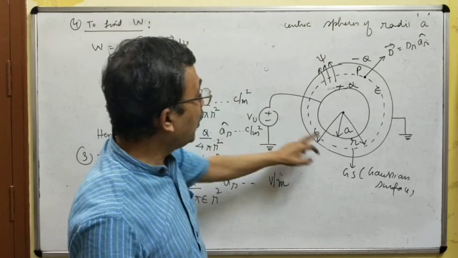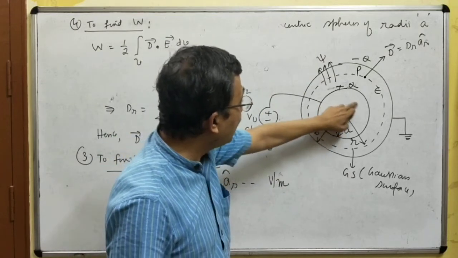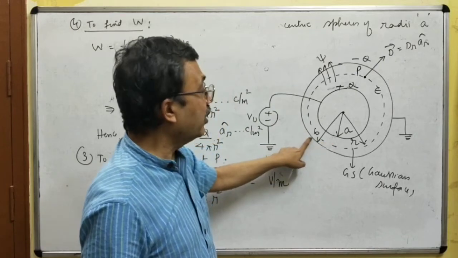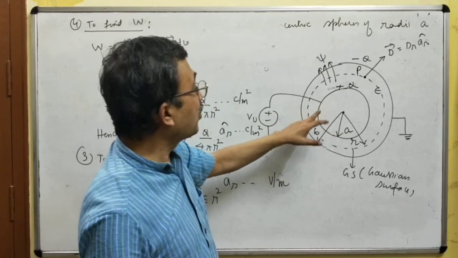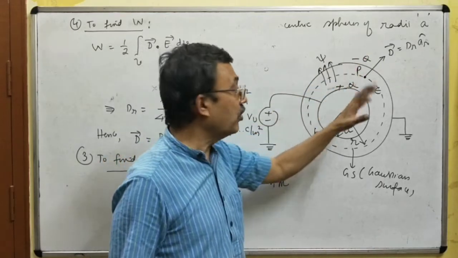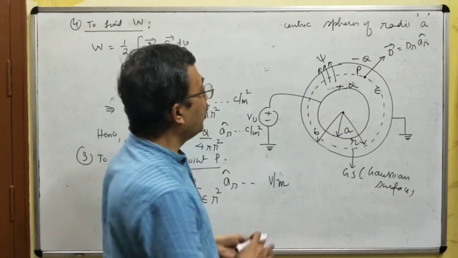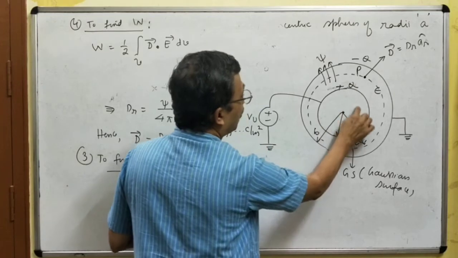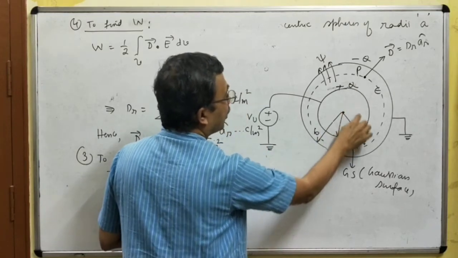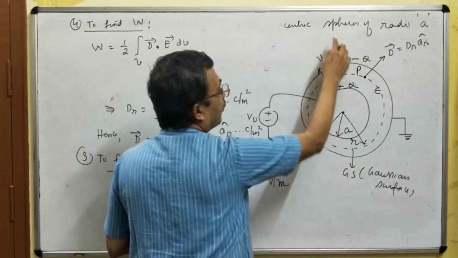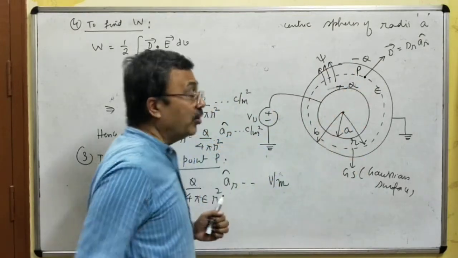There is no electric field for r less than a, and none for r greater than b. For r greater than b, net charge enclosed will be plus Q minus Q equal to 0. For r less than a, net charge enclosed will be 0. What I mean is, if you draw this dotted sphere over here, for r less than a, no charge enclosed. If you draw this dotted sphere outside this spherical system, then again charge enclosed will be 0.